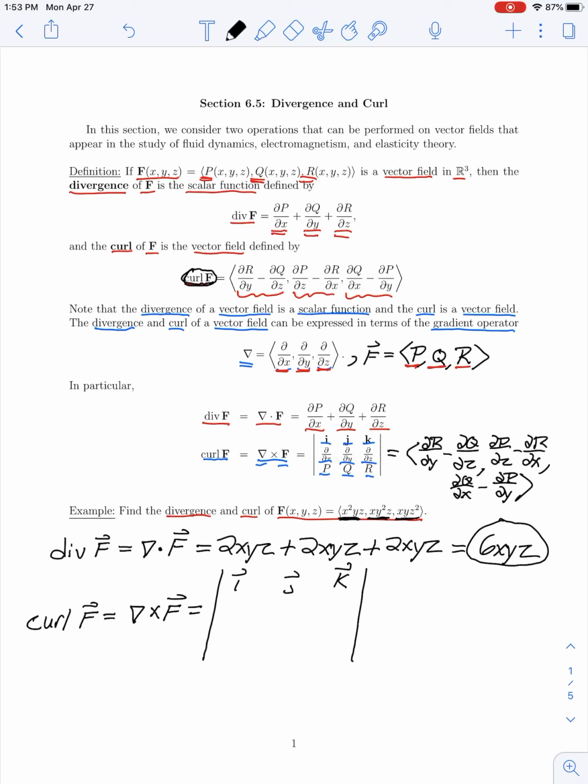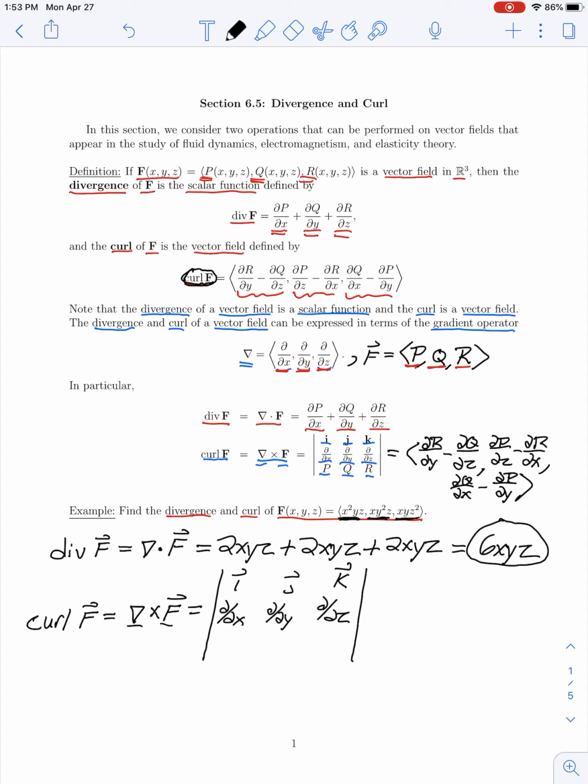Our second row consists of the gradient vector, so the components are the partial derivatives with respect to x, with respect to y, and with respect to z. And the third row of our matrix consists of the vector field F.